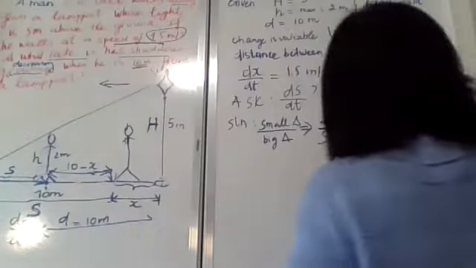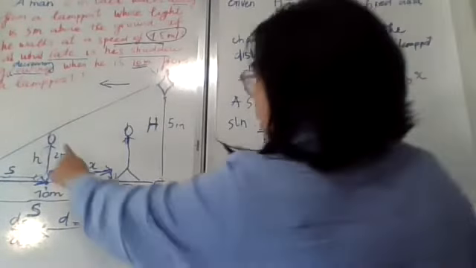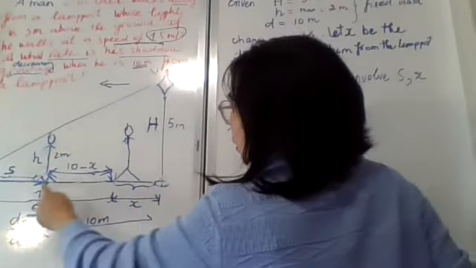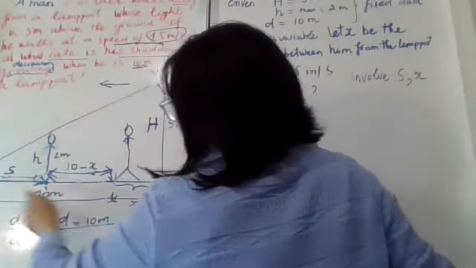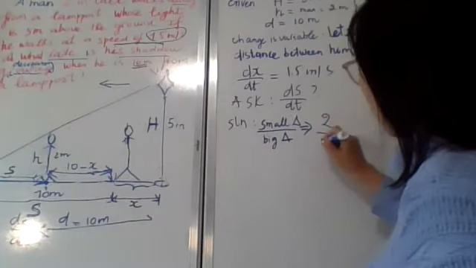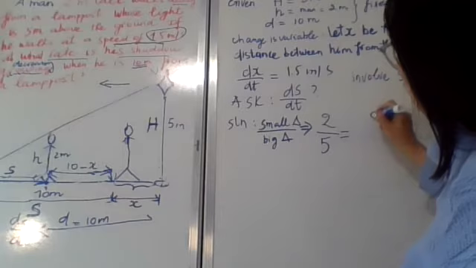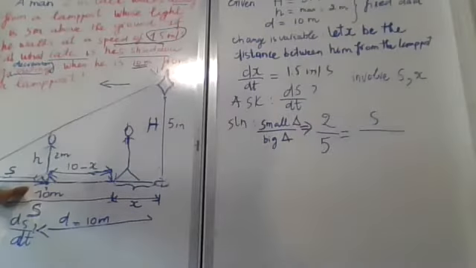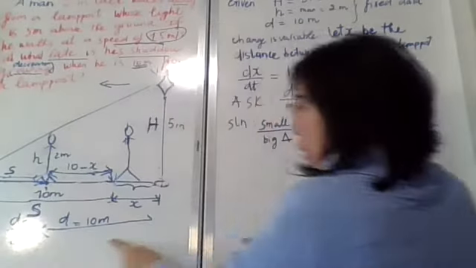Okay, but I'm going to have to write again, sorry. So we say the small triangle over the big triangle equals the distance x, small one over big one. So 2 over 5 equals s, which is his shadow. This distance is his shadow, right? Shadow over the big one here, the whole length from here to here.